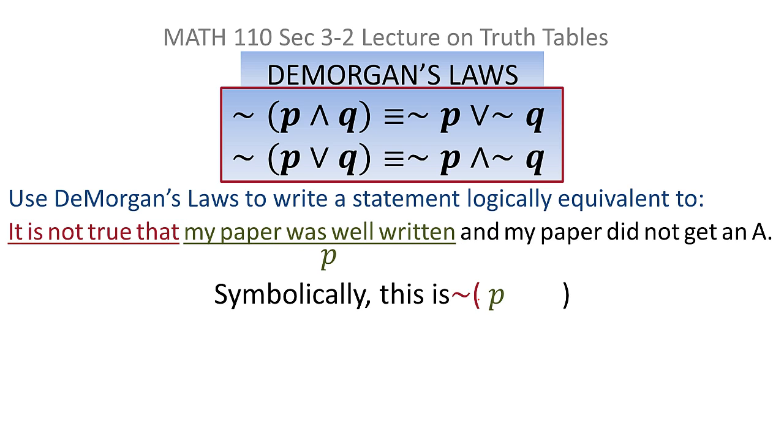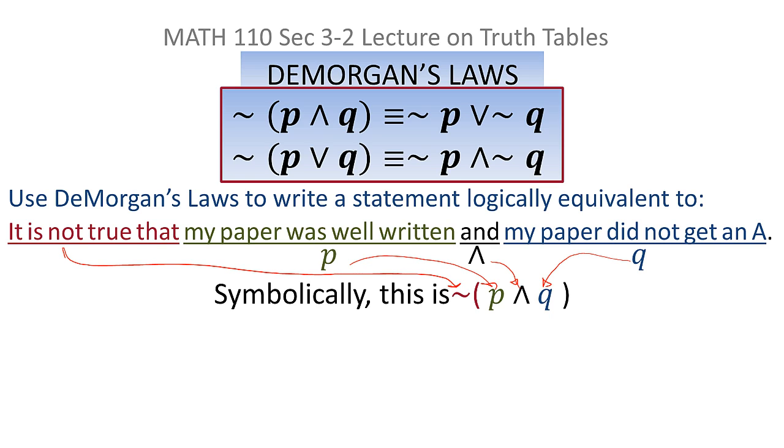My paper was well written, we'll call that statement P. And, the symbol for and. My paper did not get an A, we'll call that Q. So P goes here, Q goes here, and goes here, and the negation goes here. So you're translating that sentence back into symbols, into a logical statement written with symbols.